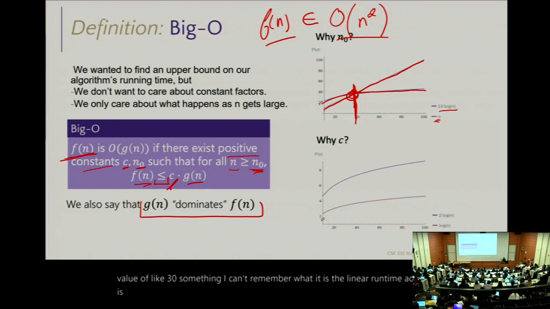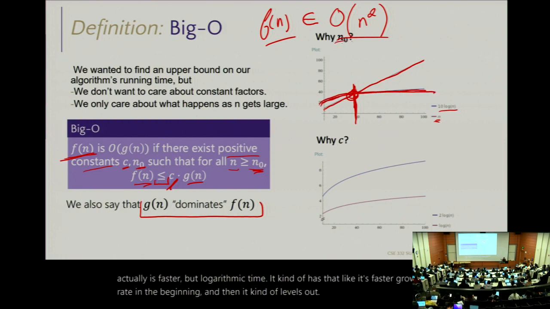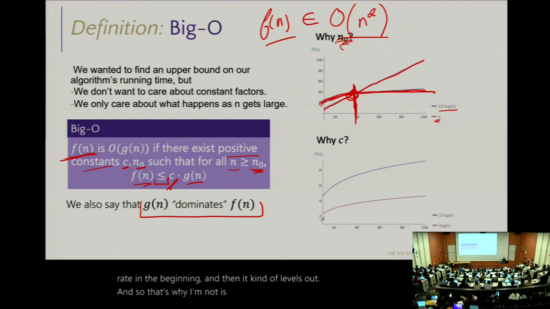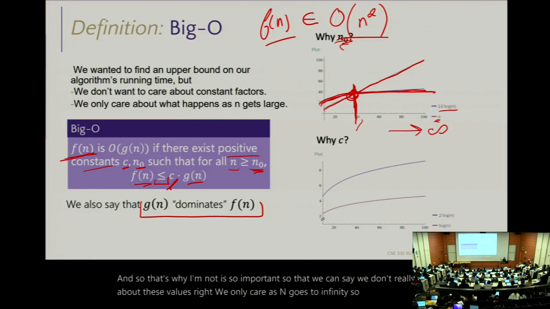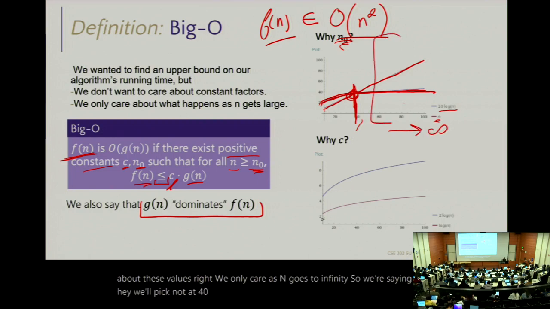But logarithmic time has a faster growth rate in the beginning and then it levels out. That's why n naught is so important, so that we can say we don't really care about these values. We only care as n goes to infinity. So we'll pick n naught at 40 and we just care about the growth rate in this part as we head out.